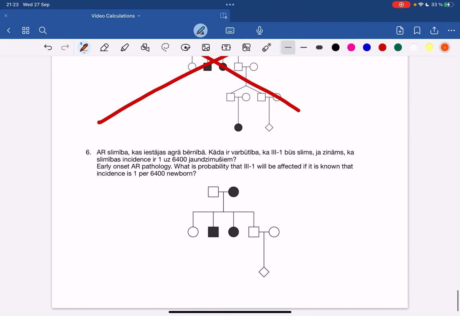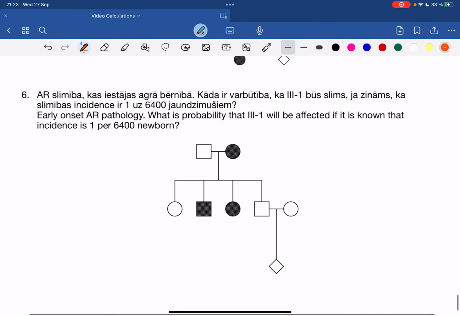Last and final one I'm going to go through with you guys. Here we go. Early onset AR pathology, so we're looking at the right illness. Probability that 3-1 will be affected if it's known that incidence is 1 out of 6,400 in newborns.